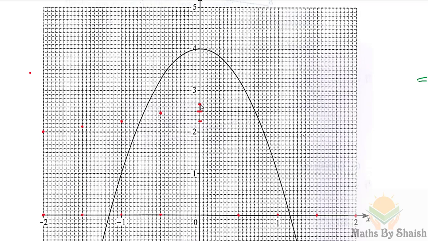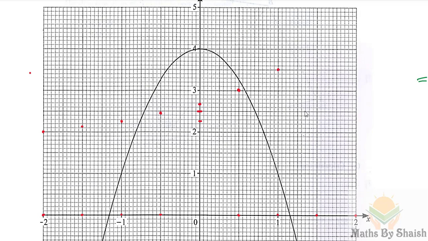So 2.67 is this point. Next, at 0.5, it is 3, so it is 3 here. The next value, at 1, is 3.5, so 3.5 is here.